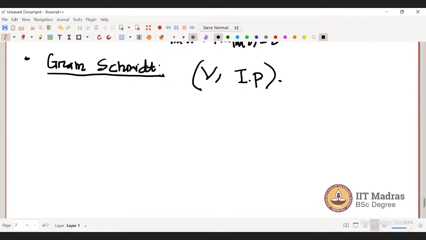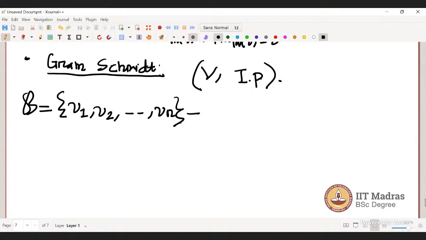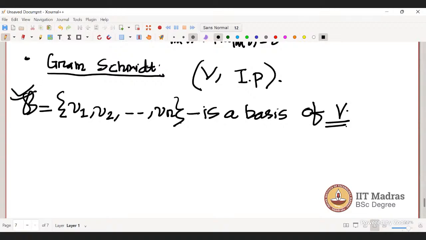Let's say this beta, which is V1, V2, up to Vn, is a basis of V. I can take some basis, you can take some other basis, and in the end we may get two different orthonormal bases. But our aim is to find an orthonormal basis. It doesn't matter whether they are different or the same.